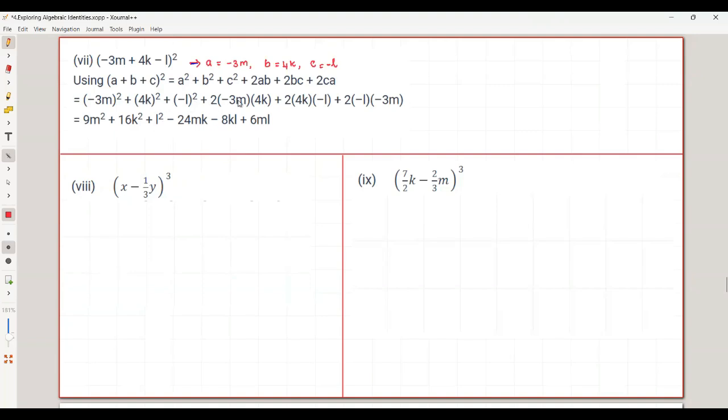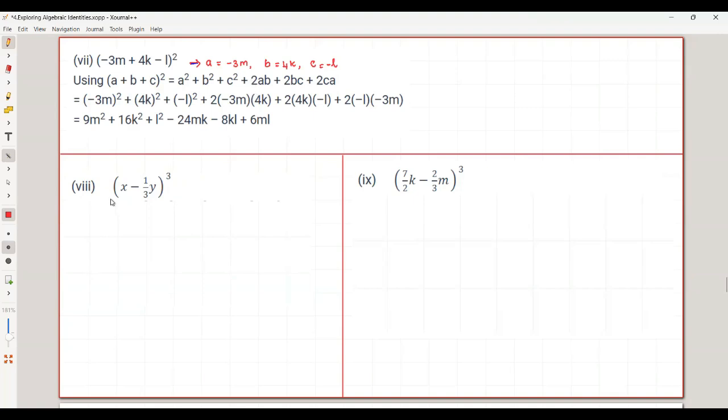Here, 2 threes are 6, so minus 6, minus 6 into 4 is minus 24 mk. 2 fours are 8, 8 into minus 1 will become minus 8kl. Minus and minus will become plus: 2 threes are 6, so 6ml. You have to understand the formula and replace it, and you will get the answer.